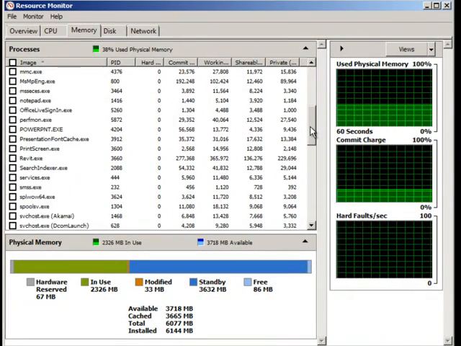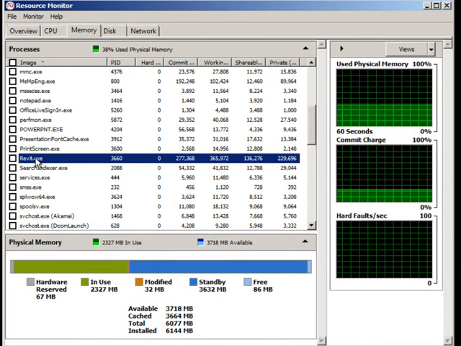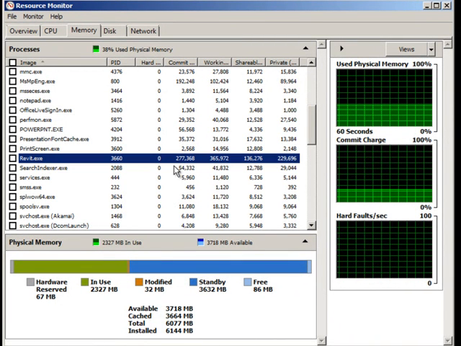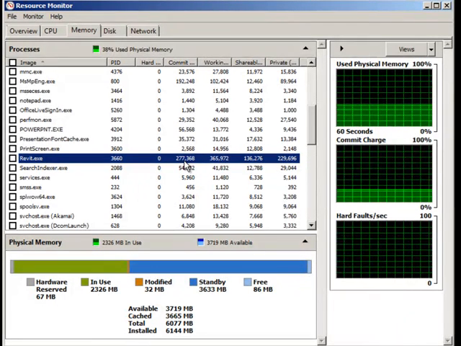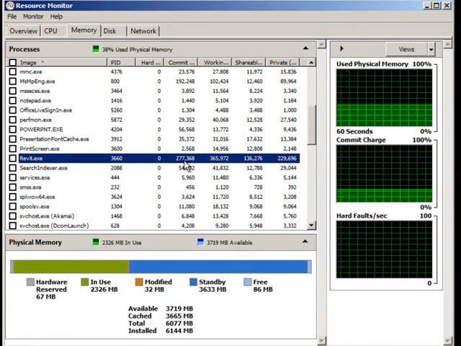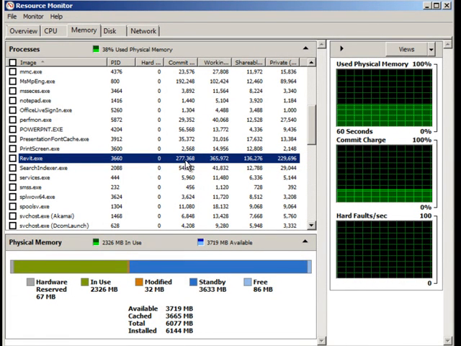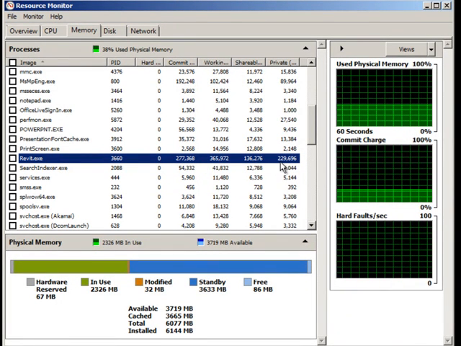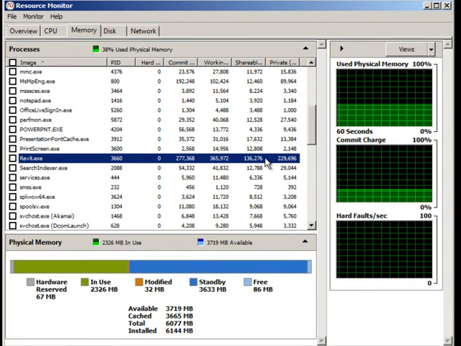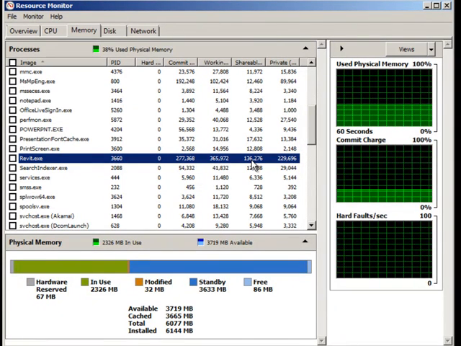For example, I'm going to scroll down here and look for Revit, and you can see here that Revit's commit is actually 277 megabytes of RAM right now. But its private RAM is actually 229 megabytes. Its shareable RAM is 136 megabytes.